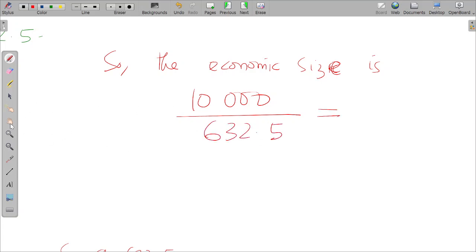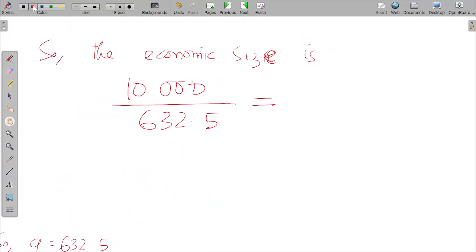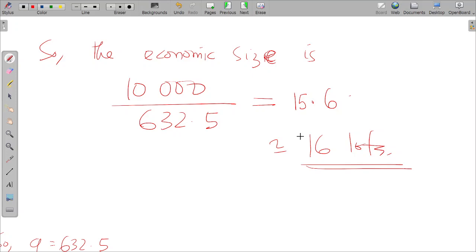Okay, you divide that by that, which becomes what? If you multiply this, that is 10,000 divided by this. What is the answer now? Okay, 15.6. Okay, which is approximately 16 lots.